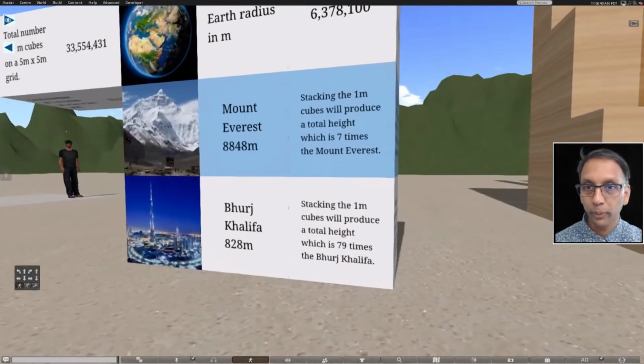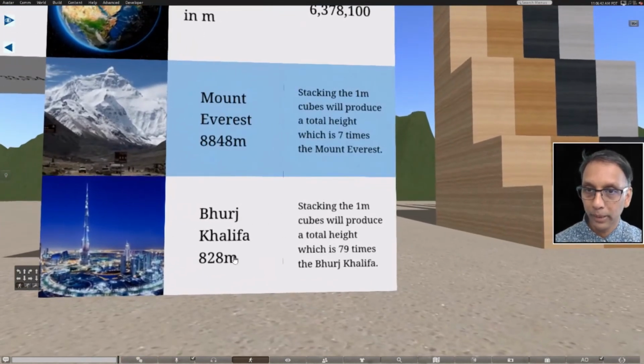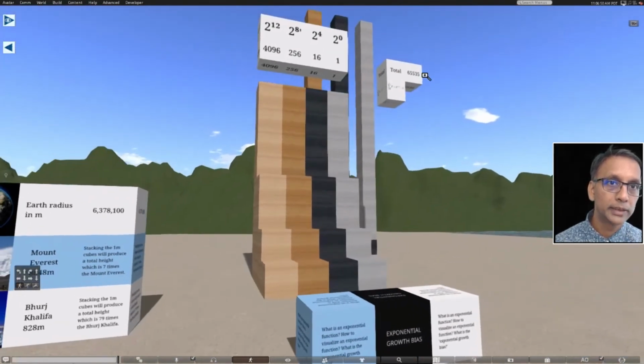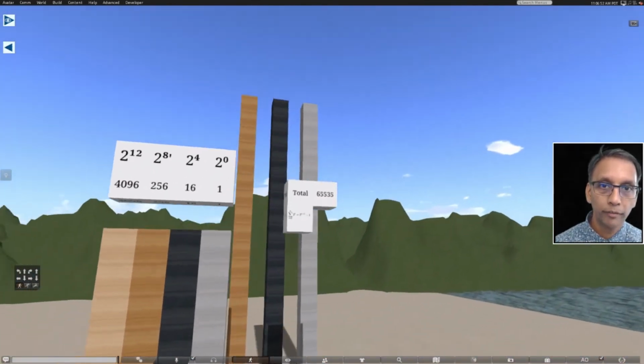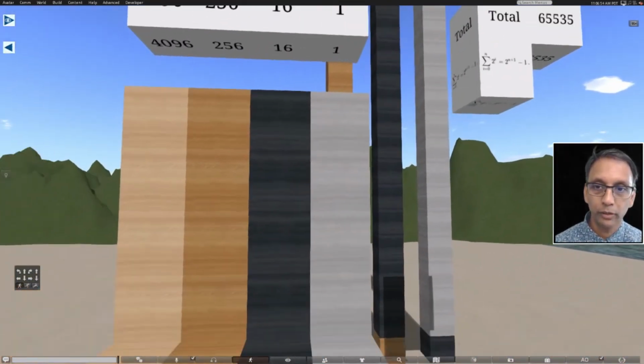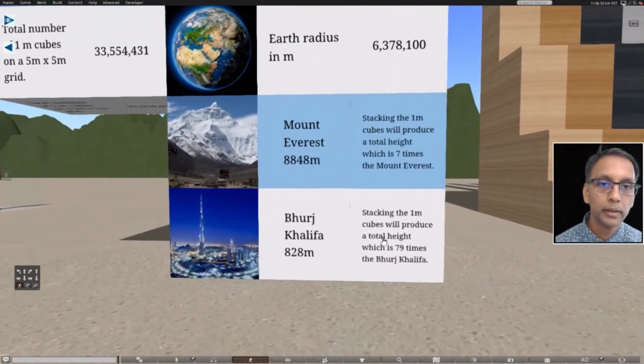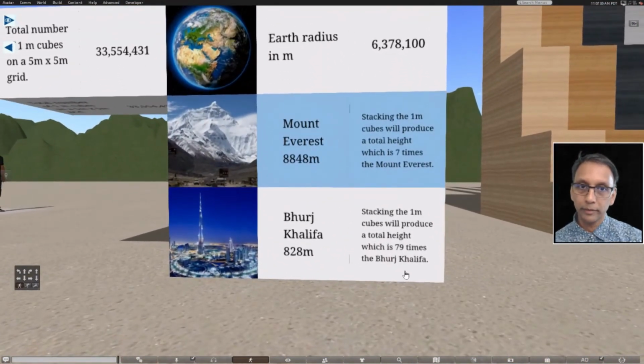Now the question is, how many of these buildings would you need so that the total height will match the 65,535 meters? And you'll find that you need 79 times the Burj Khalifa stacked on top of each other.